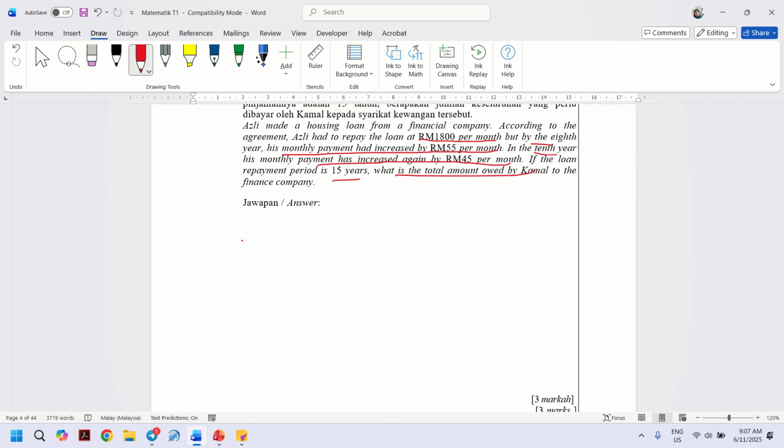For the first 7 years, he has to pay 1,800 times 7 years.